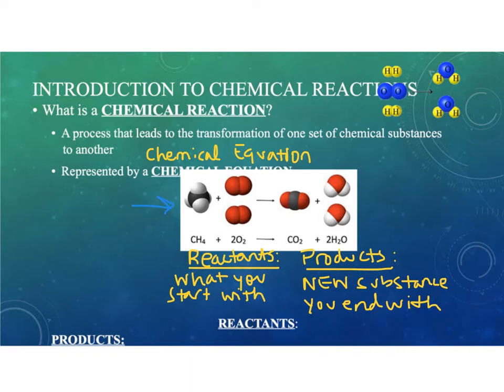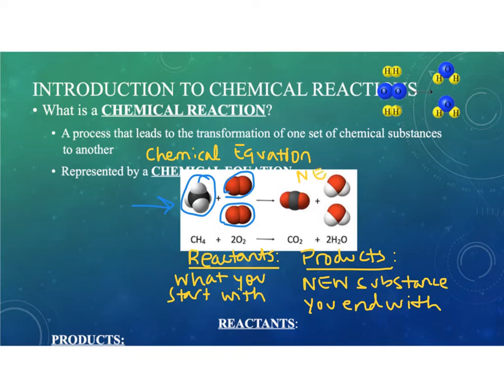Okay, it is the process of leading the transformation of this guy here we call methane, CH4, and two oxygen atoms, or two oxygen elements, I should say, and rearranging them into new things on this side.